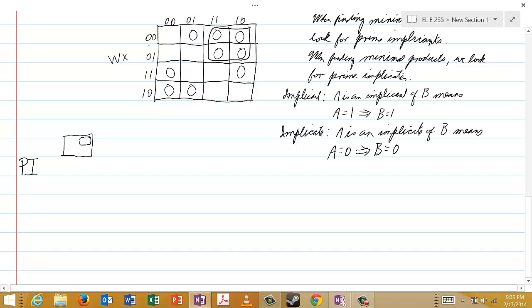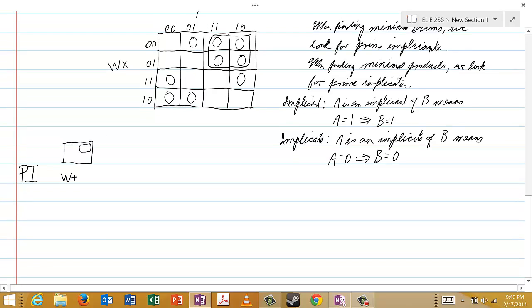Since W is not changing, it will appear in the name. And now when you're naming implicates, W equals 0, when something is equal to 0, that's the unprimed variable. So we have W. And remember now, we're not looking for products, we're looking for sums. So it's going to be W ORed with something. And let's see what it gets ORed with.